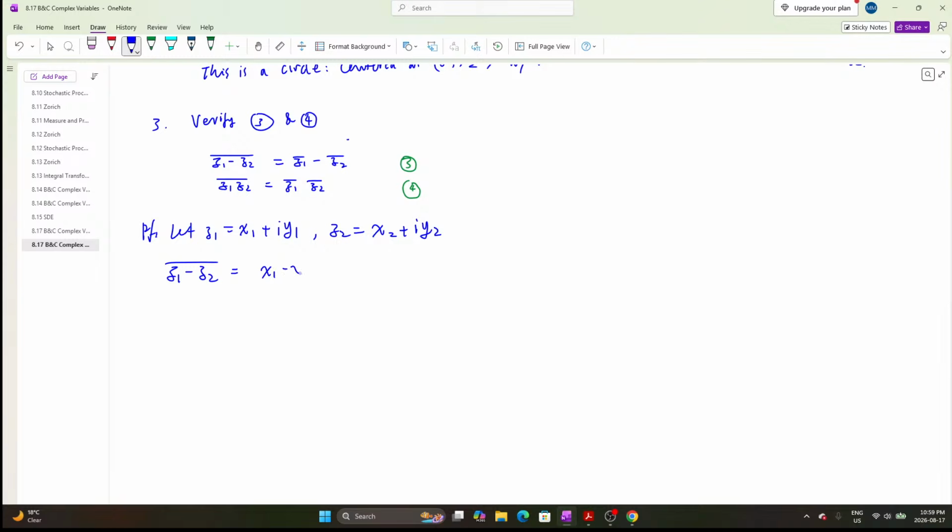You get x1 minus x2 plus i times y1 minus y2, and the conjugate is x1 minus x2 minus i times y1 minus y2, and this is exactly x1 minus iy1 minus the quantity x2 minus iy2, and this is exactly z1 bar minus z2 bar.